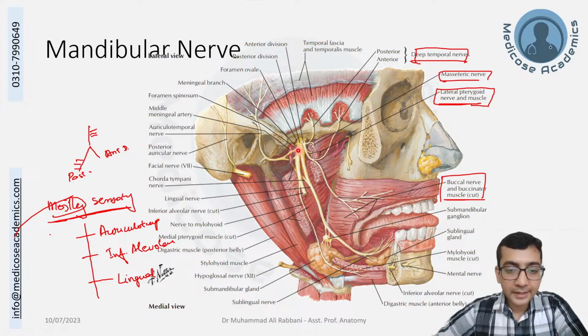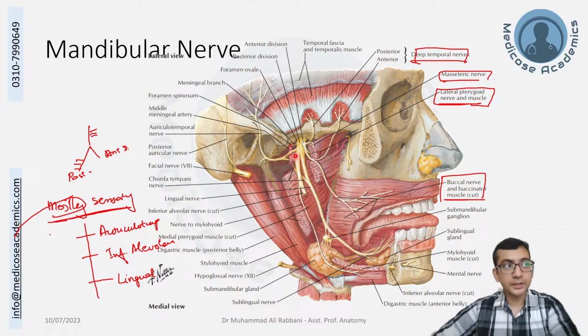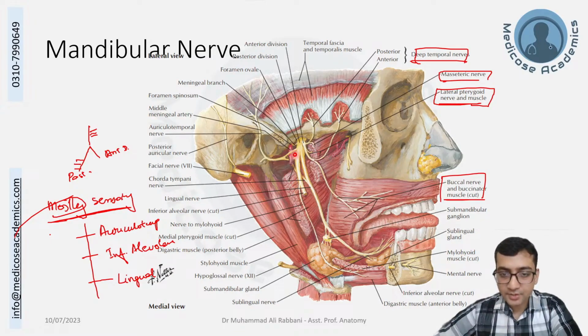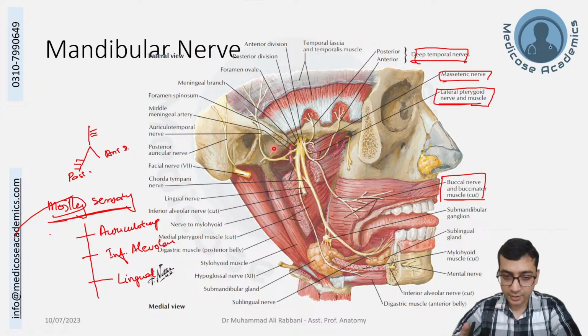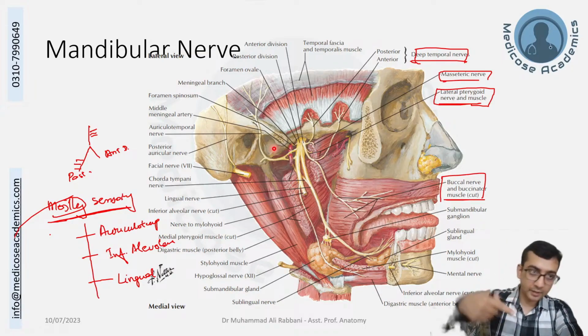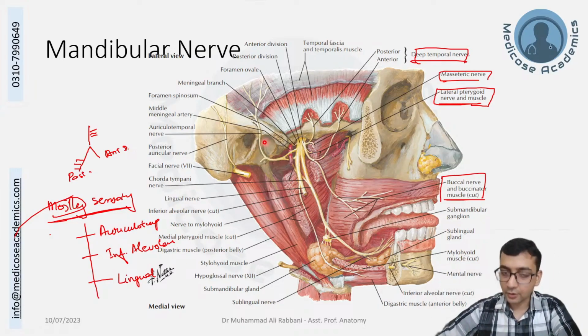Auriculotemporal nerve. It arises from the posterior aspect. This is a very important thing to remember. It arises from two roots, and these two roots embrace the middle meningeal artery. They go back, curve around the temporomandibular joint, and move up in front of the ear opening just behind the parotid gland.